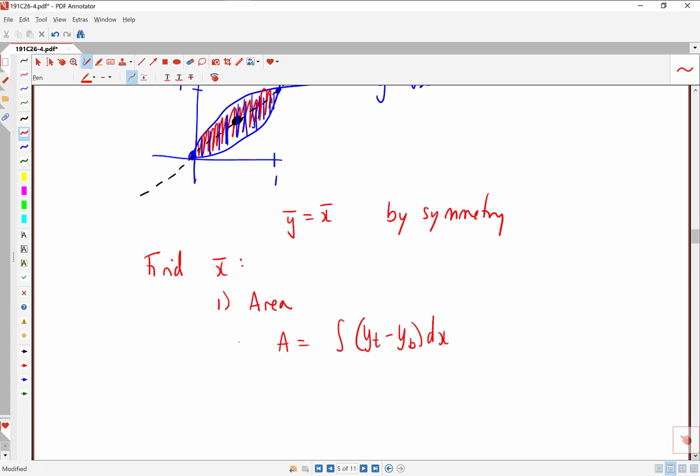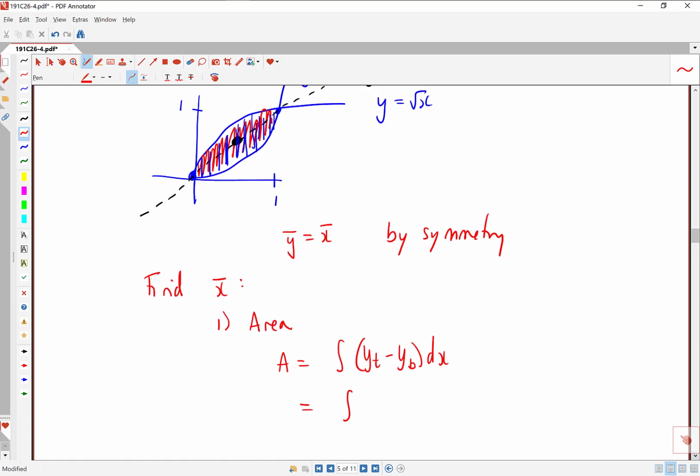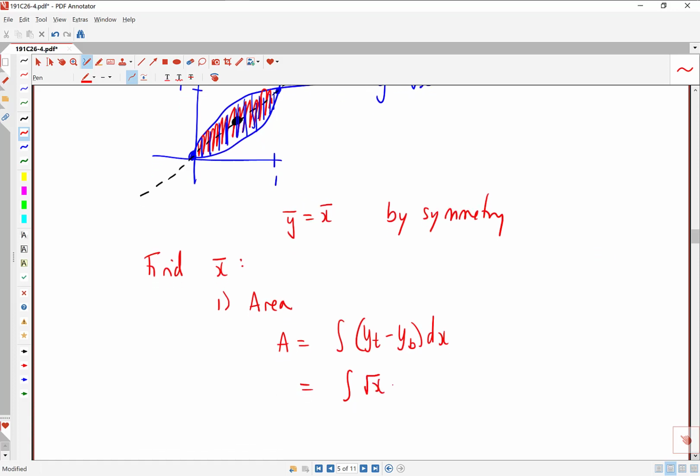All right, so let's put the details on here. Just from looking at our sketch, our y top is root x, our y bottom is x squared. We've got the dx at the back telling us that we're integrating with respect to x, and that means it's x values that are going on the integral. So we're going to be integrating from 0 to 1.